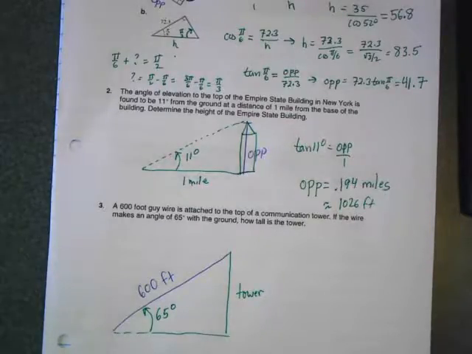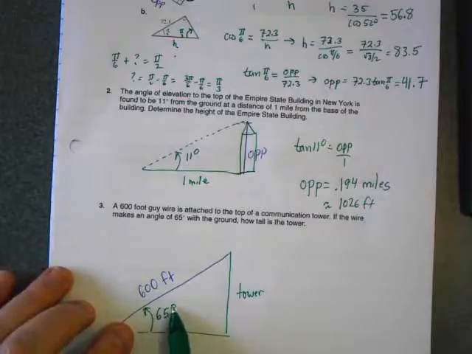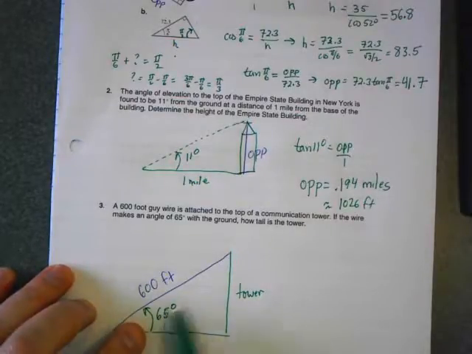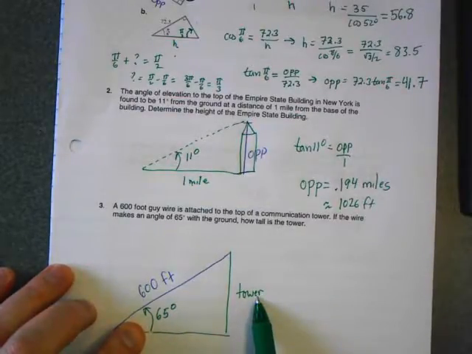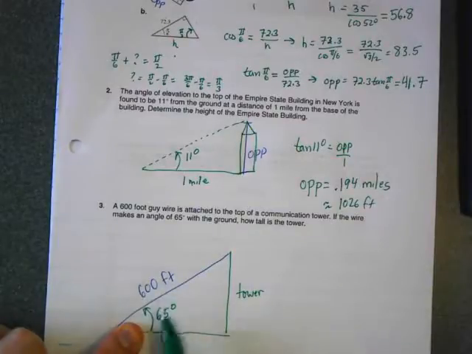Very good. So a lot of students tell me, I don't know if I should use sine or cosine or tangent. How do I know which one to use? It depends on what you have and what you want. That's exactly right. So this time you've got to look at what we have. We have this angle. We want opposite. We have hypotenuse. So if you have angle, opposite, and hypotenuse, what uses opposite and hypotenuse?